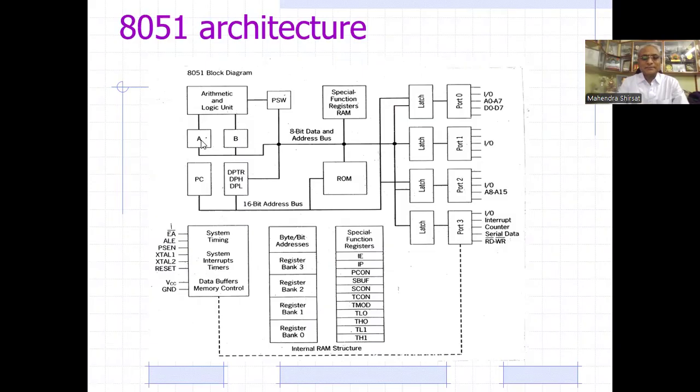Another important difference between microcontroller and microprocessor is that in the 8085 microprocessor, whenever you process any data, the result is always stored in register A.